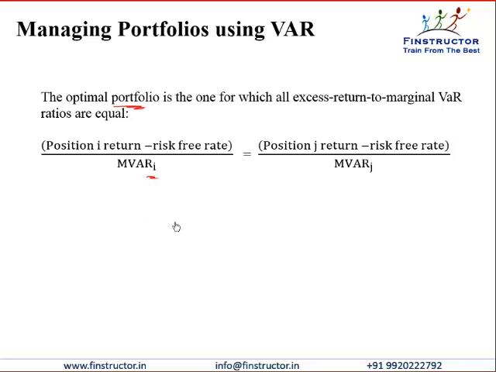If one asset, let's say asset I, has a higher excess return for the risk as compared to asset J, in such a case, the portfolio risk return profile can be further enhanced by including more of asset I and less of asset J. The portfolio will be optimal where the excess return to marginal VAR for all assets is the same.